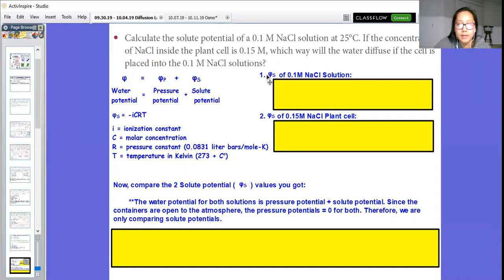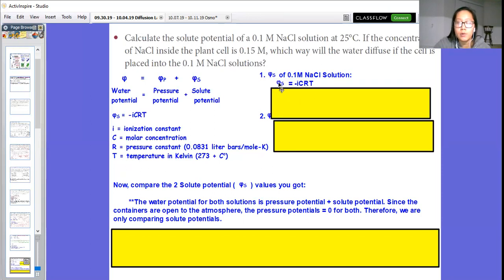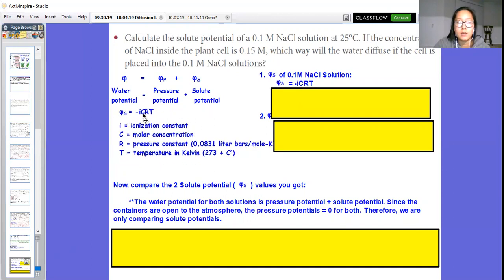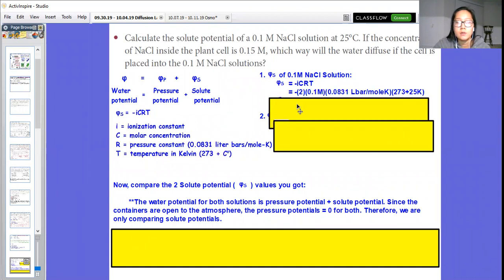So first of all, we're going to calculate the solute potential of the solution. We know that we're going to use this formula right here: solute potential equals -iCRT. And we're going to sub in our numbers. Our i is going to be 2 because remember NaCl breaks into Na+ and Cl-, so there are 2 pieces when it breaks down.